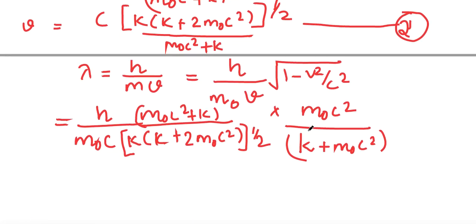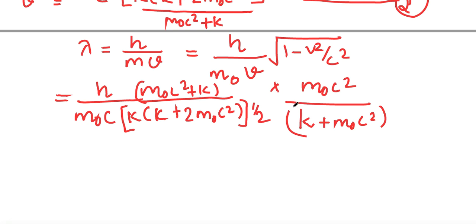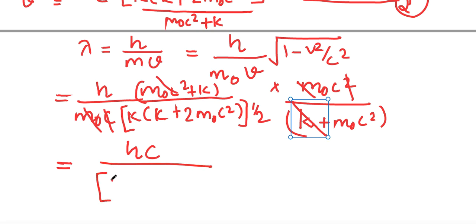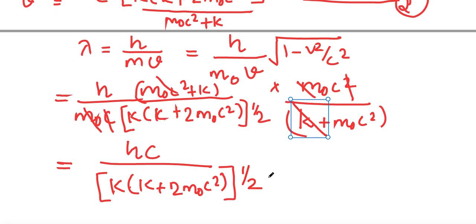So now we can cancel out some terms. m0 will get cancelled, and one c will also get cancelled. What we remain with is h c by root of k into (k plus 2 m0 c square), which is what we have to prove. So I hope everyone understood this.